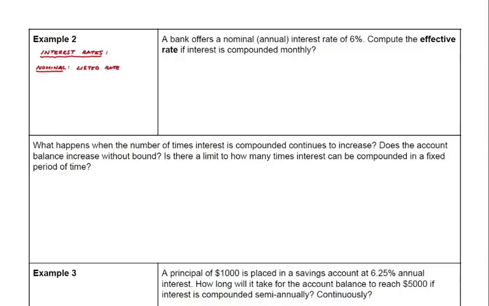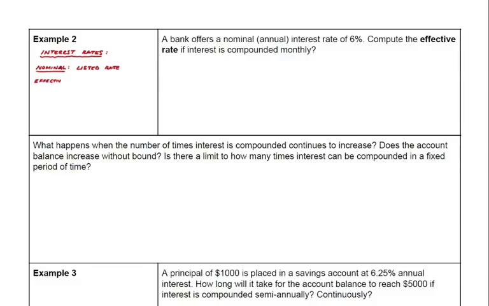Now, when we talk about effective interest rate, what that essentially does is take your nominal or listed rate and convert a rate that's being compounded more than once per year into what that rate would be if it were compounded once per year.